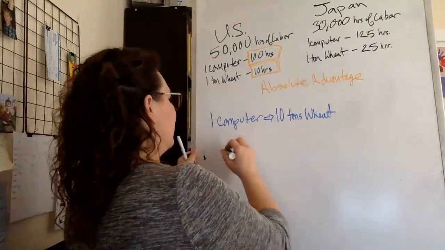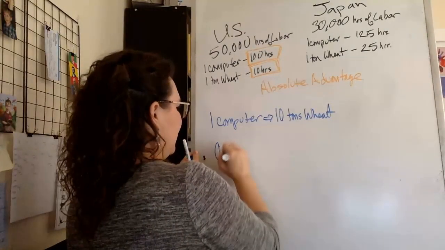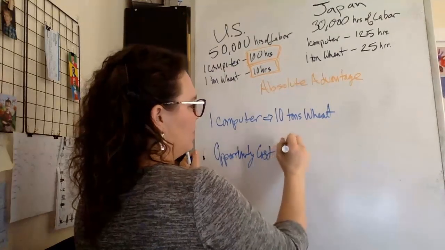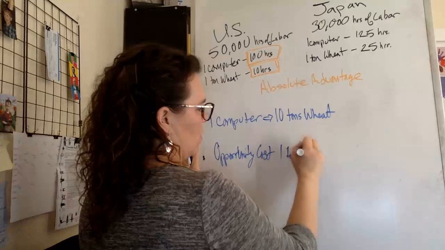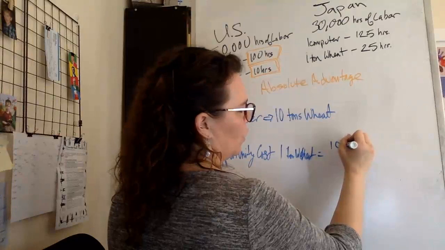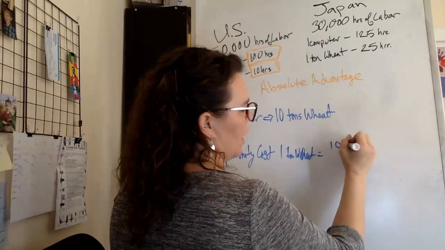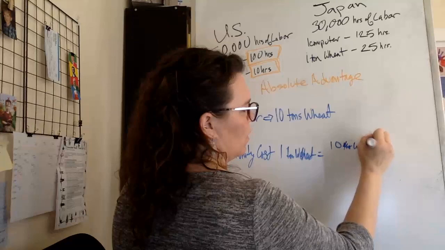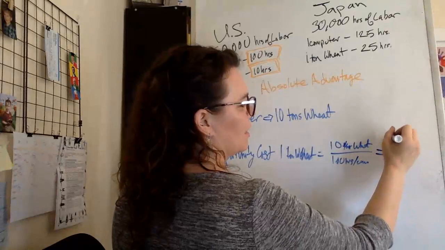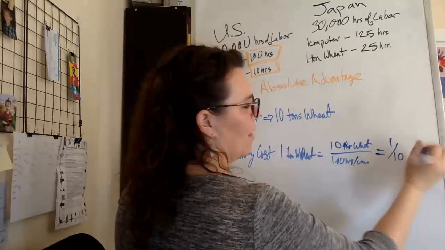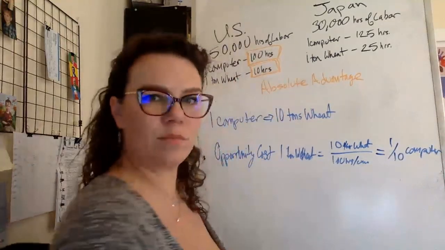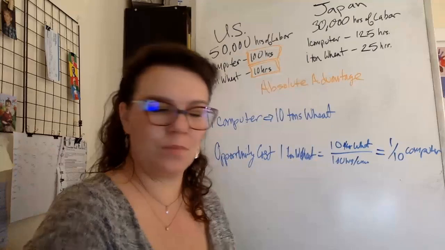Well, like I said, we could do it mathematically and say the opportunity cost of 1 ton of wheat is equal to 10 hours per ton of wheat, divided by 100 hours for a computer, gives us 1/10 of a computer. Does that make sense mathematically?